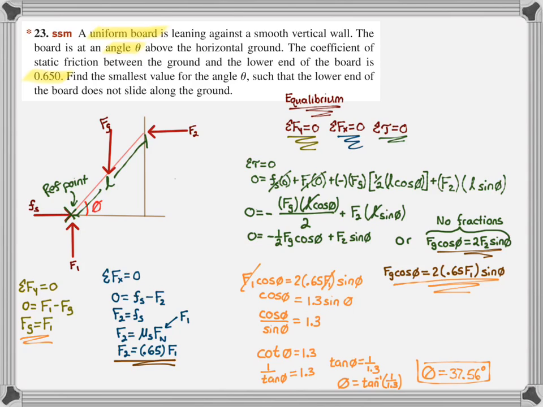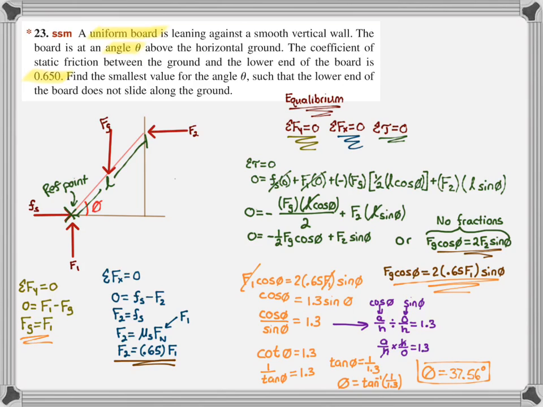If you ever have a trig equation and you're not too familiar with your trig identities, you can break it up just using SOHCAHTOA. That means that instead of cosine theta over sine theta, we can set adjacent over hypotenuse divided by opposite over hypotenuse equals 1.3. And when we deal with fractions, that's equal to adjacent over hypotenuse times hypotenuse over opposite is equal to 1.3.